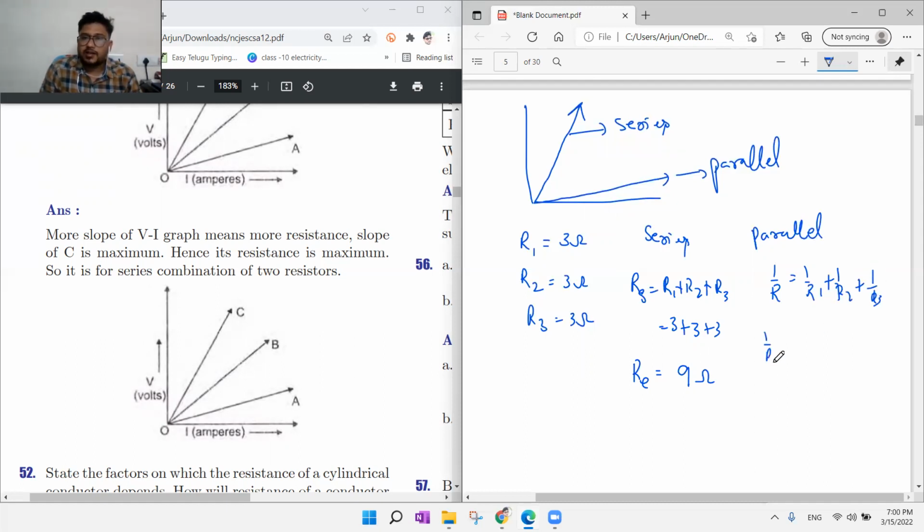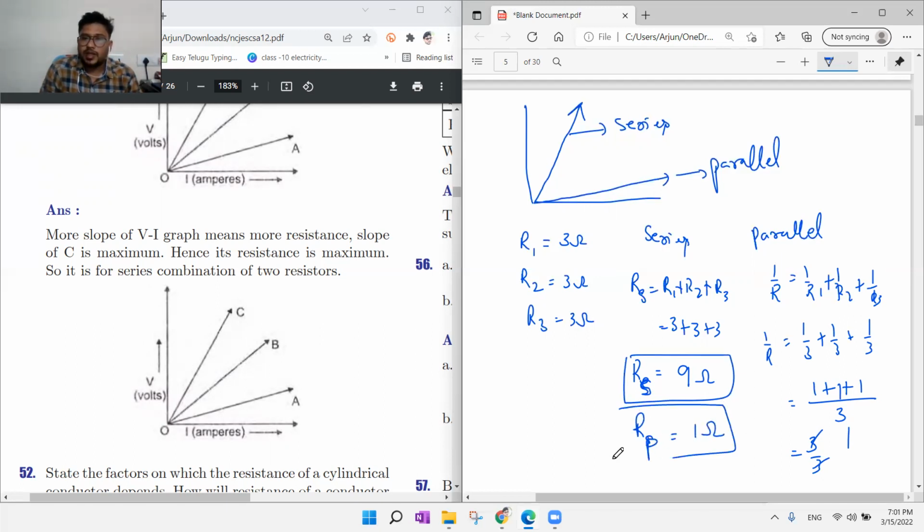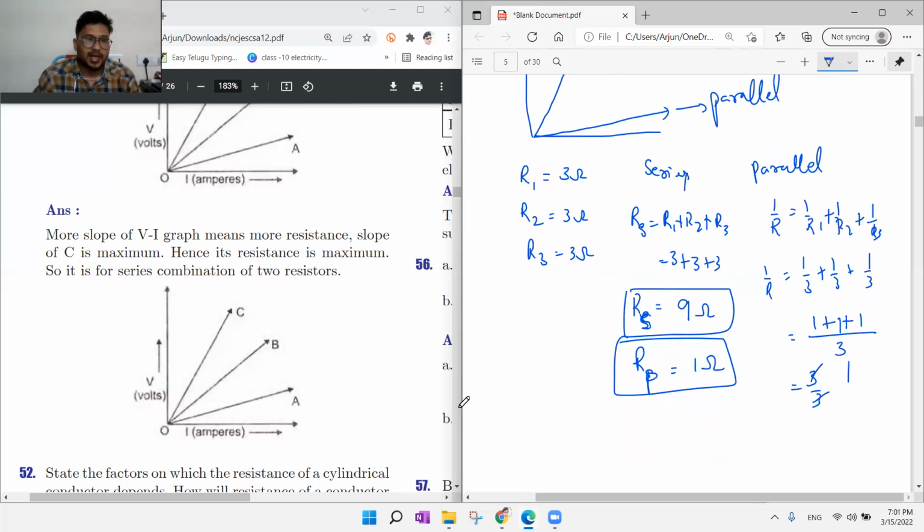Now 1 by R is equal to 1 by 3 plus 1 by 3 plus 1 by 3, which is equal to, LCM is 3, numerator 1 plus 1 plus 1, which is 3 by 3, cancel, we get 1. So when resistors are connected in series, the value is 9 ohm. When connected in parallel, the value is just 1 ohm. By this we can conclude, if the slope is maximum, then that is series connection, and if the slope is minimum, that is parallel connection.